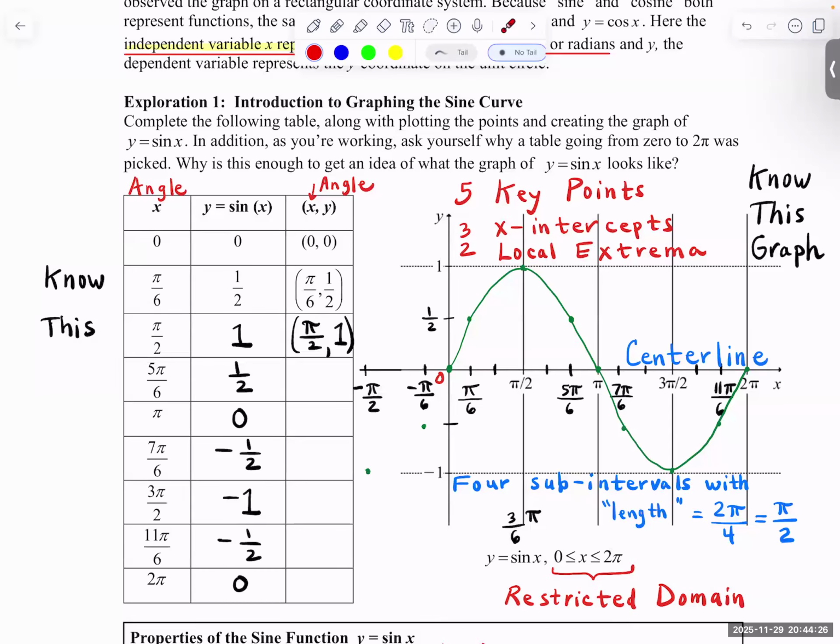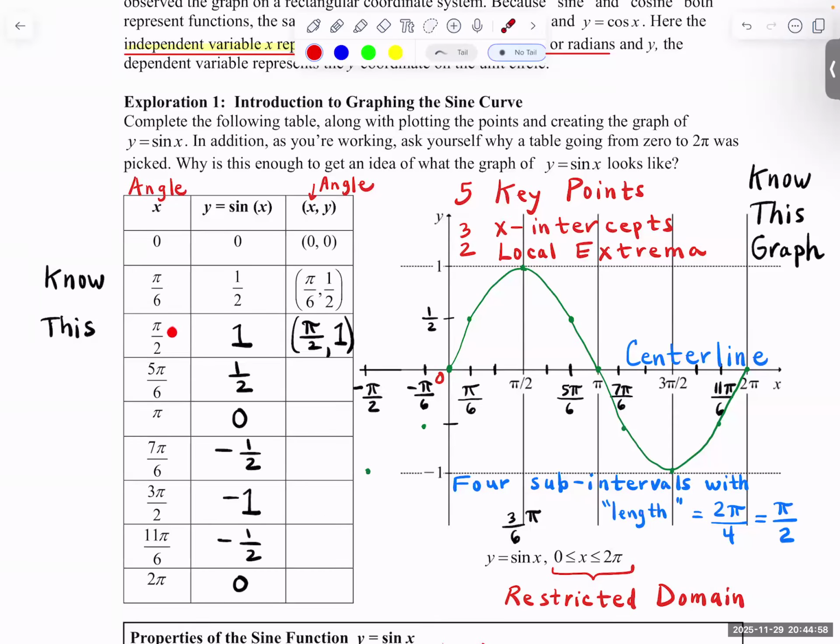The first row says for an angle of 0 radians, the sine function value is 0, and thus the ordered pair 0, 0. And the third column, which is the origin, represents 0 radians and a function value of 0. For pi over 6 radians, the sine function value is 1/2, which gives the ordered pair pi over 6, 1/2, and so on.